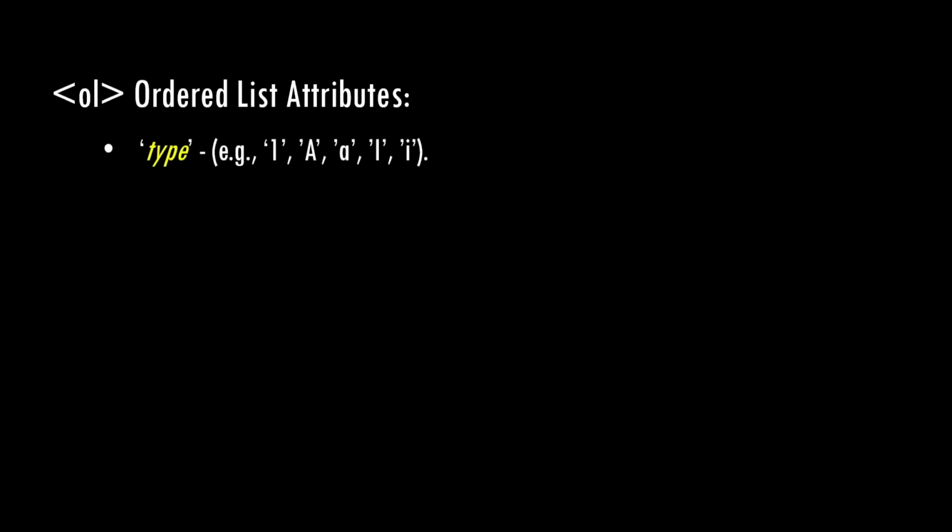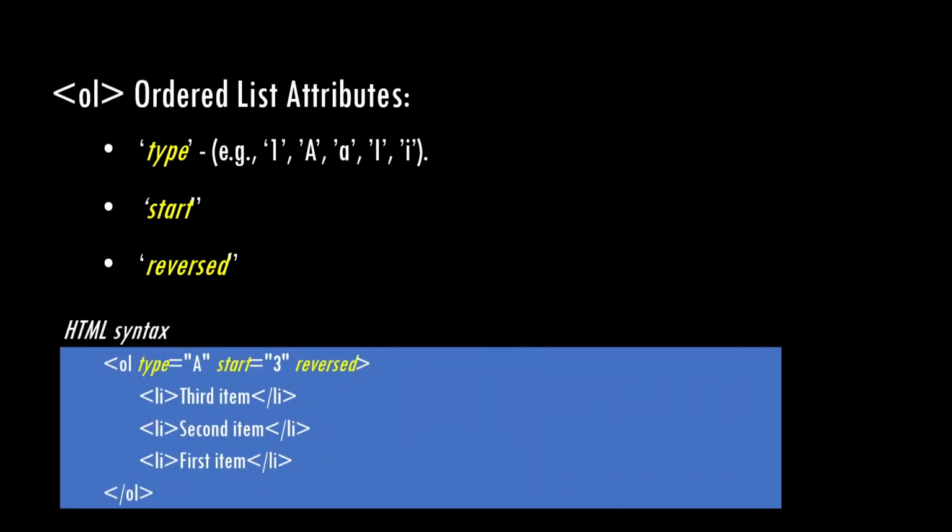This specifies the type of numbering. Here is 1, capital A, small a, etc. Start specifies the start value of the list. Reversed reverses the numbering order. Here is the basic syntax.